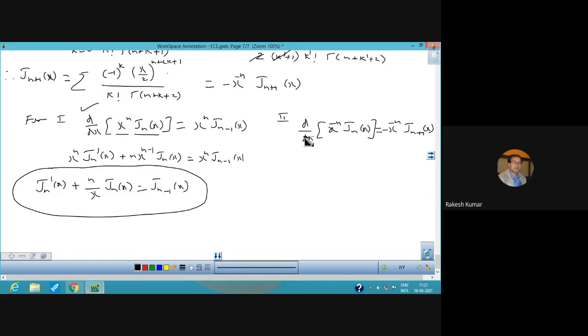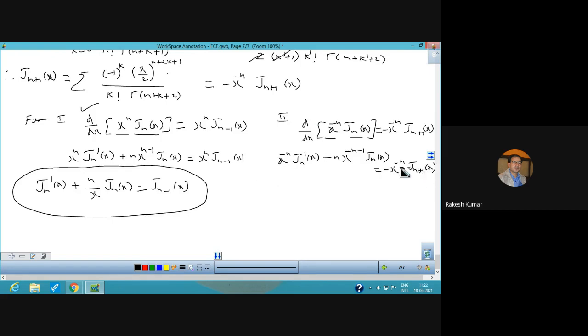So similarly, from the second recurrence relation also a formula comes. We will take the derivative using the u into v formula. So u as it is, derivative of v function, and the derivative of u now, that is n x raised to power minus n minus 1 Jnx, and that is equal to negative x raised to power n Jn plus 1x.